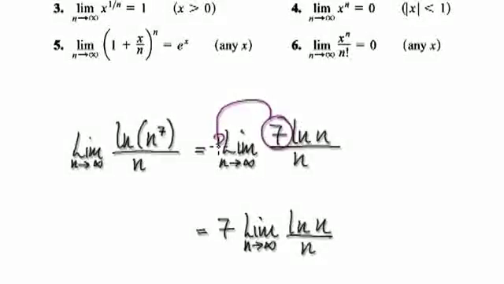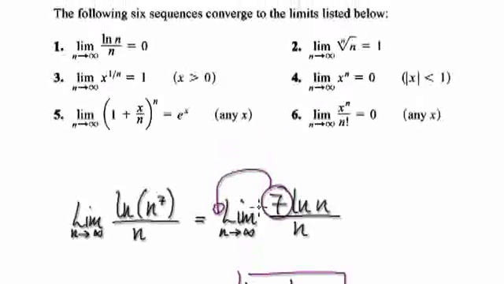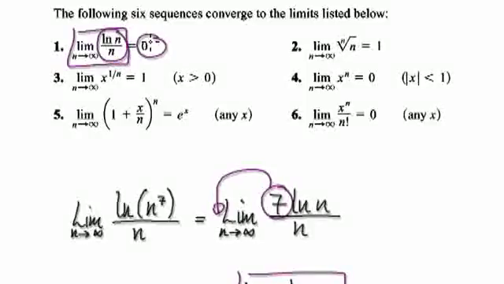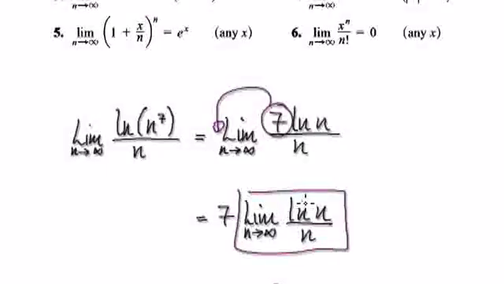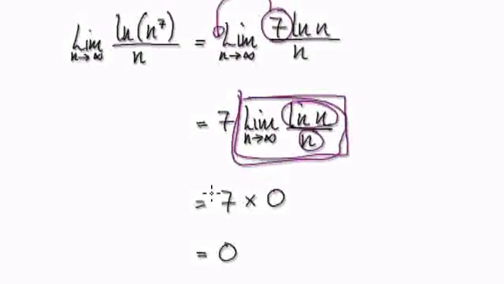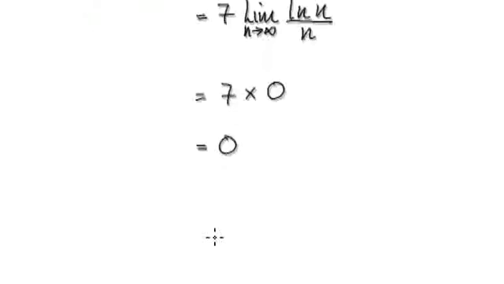So when you take a limit, you can actually take it out here. So now this thing here is really number 1. So the limit of natural log of n over n is 0. So this whole block here is 0. So it's really 7 times 0, which is 0. Okay.